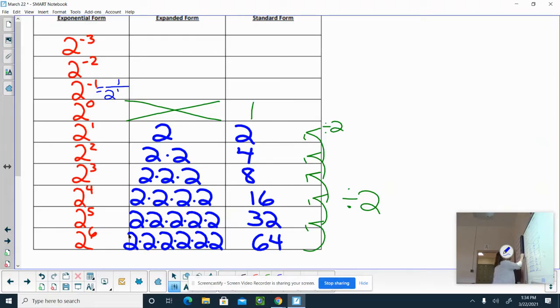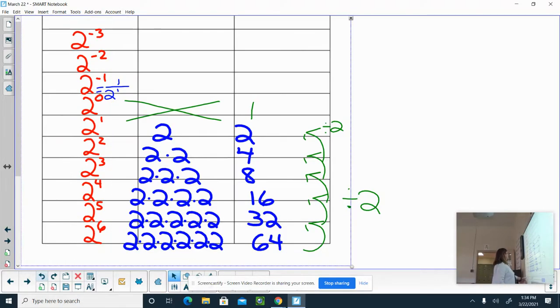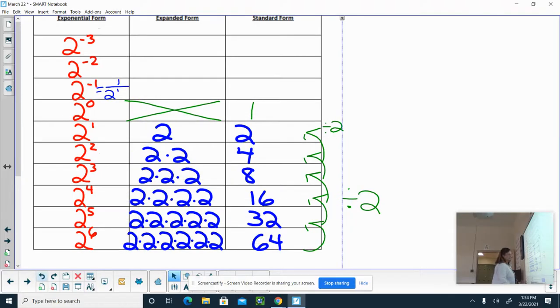Well, we already figured out 2 to the positive 1st previously. Right here. Okay, so in the expanded form, it's just 1 over 2. Again, the standard form is just 1 over 2.